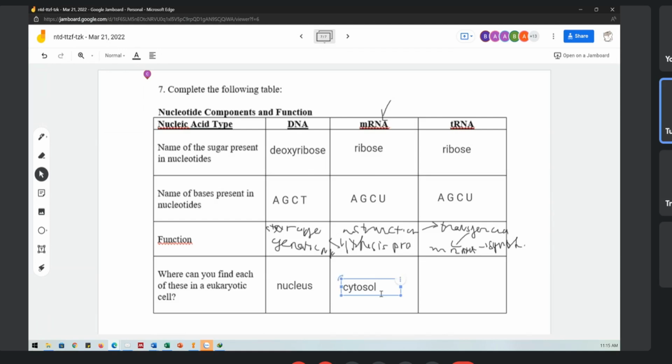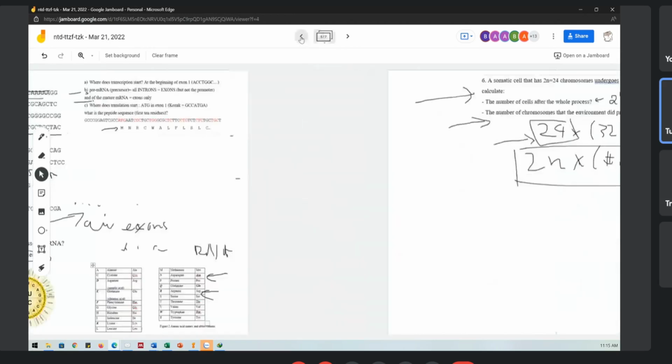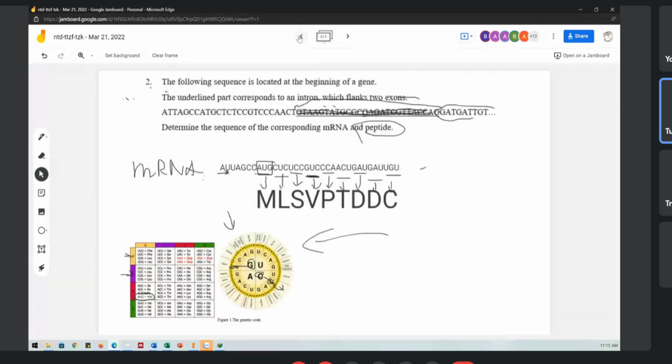This one also in the cytosol as well. Okay, I think that's the exercise. It's very short, kind of easy if you can follow. That's all for the exercise.